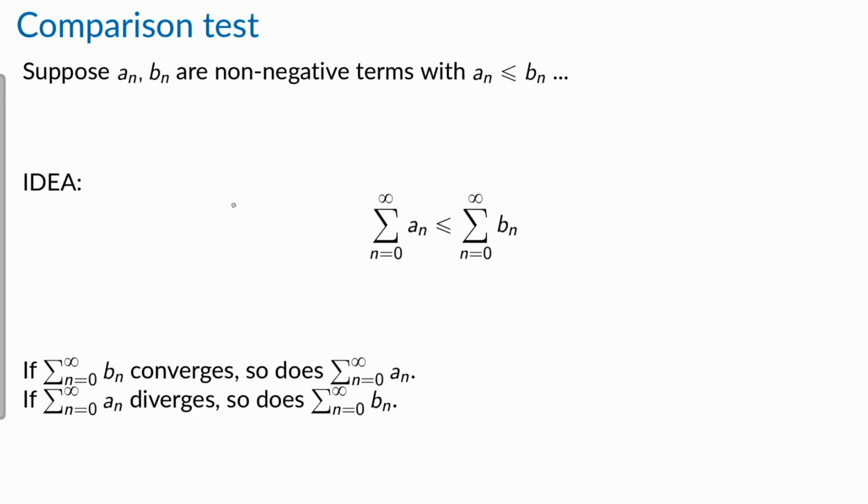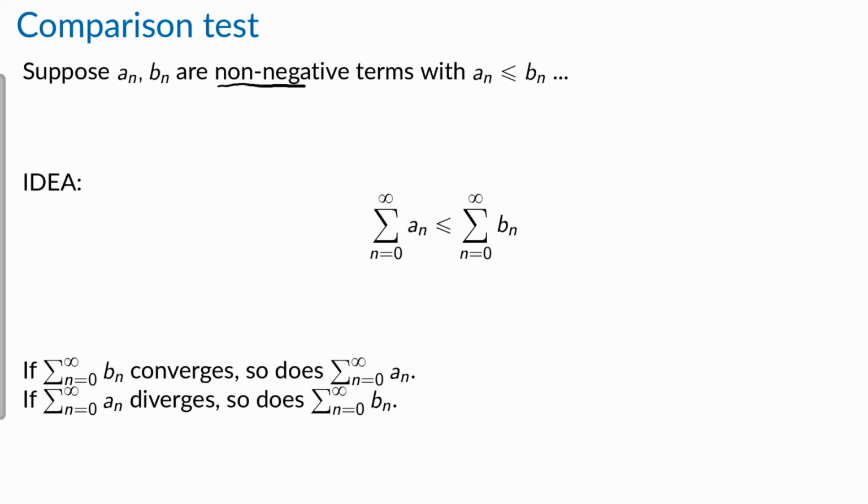Okay, so the idea of the comparison test is to compare our series to a series that we understand. So we suppose that we have two sequences of numbers, the terms a_n and the terms b_n, and we suppose that they are non-negative.